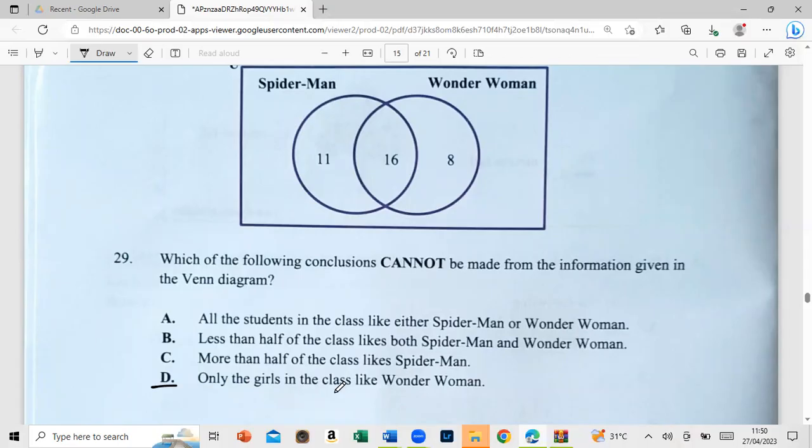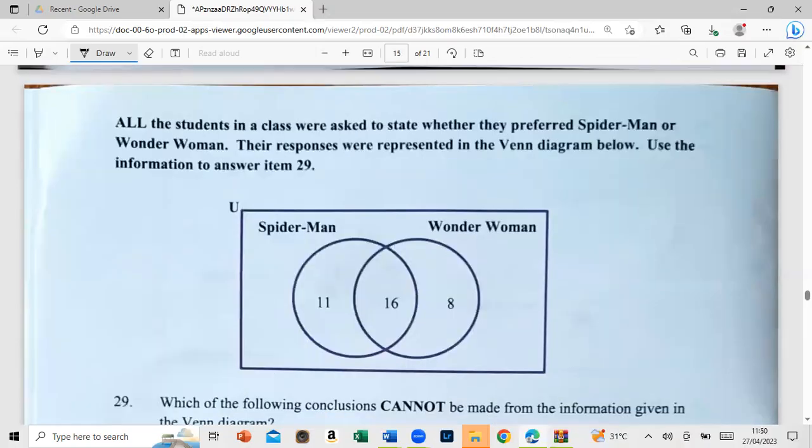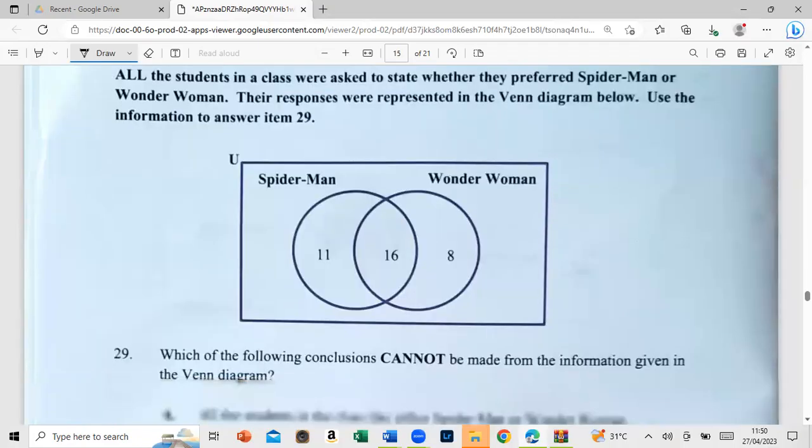Alright, so the conclusion which cannot be made. All the students in the class like either Spider-Man or Wonder Woman. Did they give us the total number of students in the class? Let me find out if we have the universal set. No, they didn't tell us the universal set.